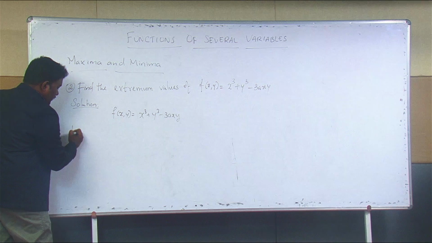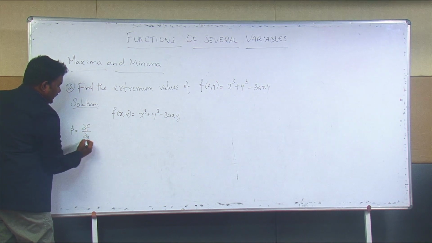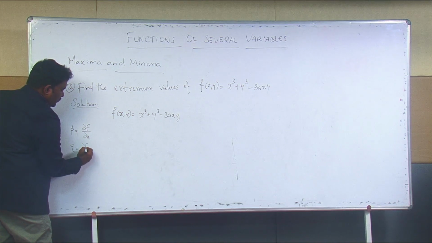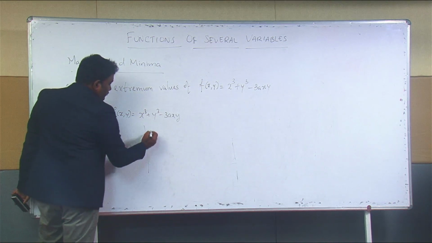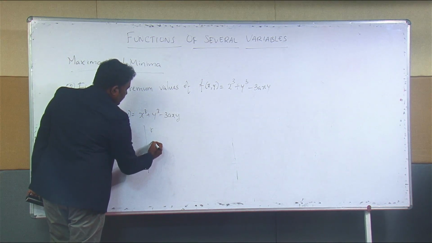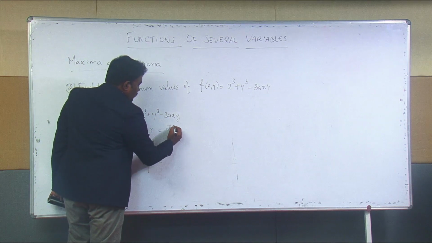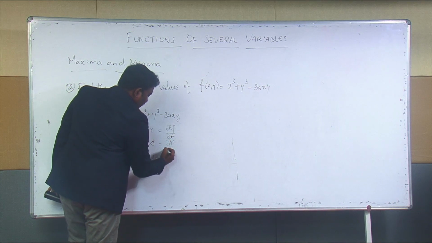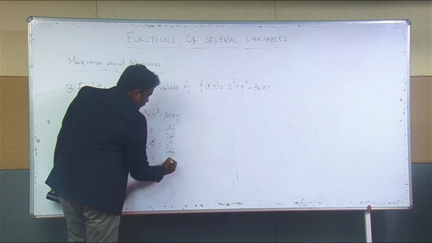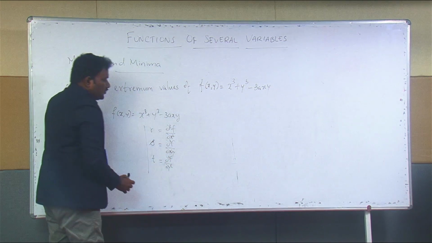So, already we know that p refers to dou f by dou x and q refers to dou f by dou y, and r, s and then t values. So, r means dou square f by dou x square, s is dou square f by dou x dou y, and t is dou square f by dou y square.